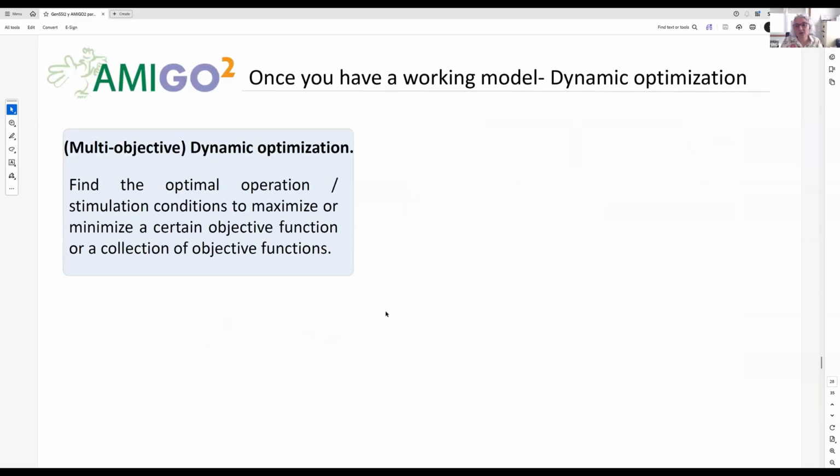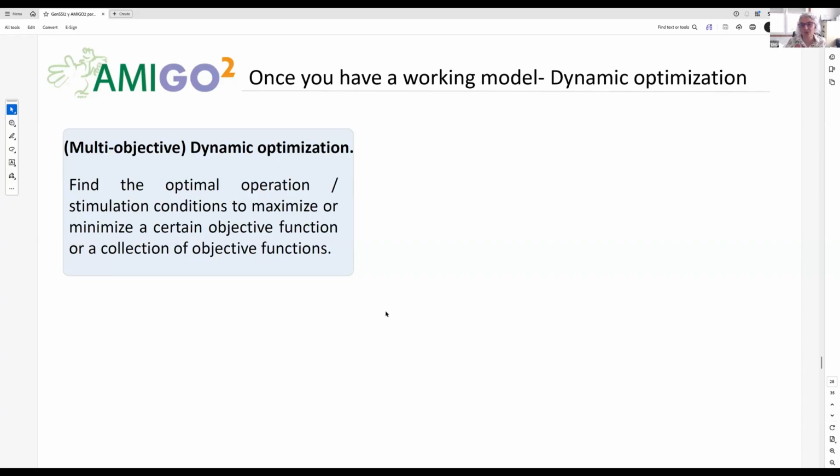So once you have a working model, you can think of using the model for optimization purposes. So, for example, imagine you have a model of an illness, and you want to design what is the optimal drug delivery to improve patients' outcomes or to reduce the impact of illness.